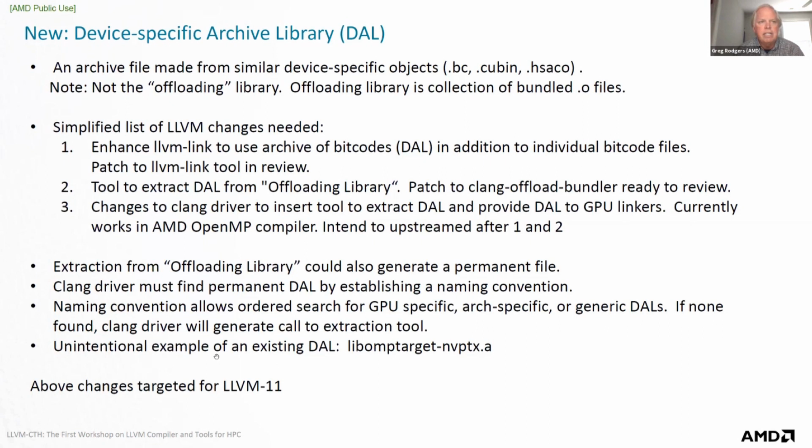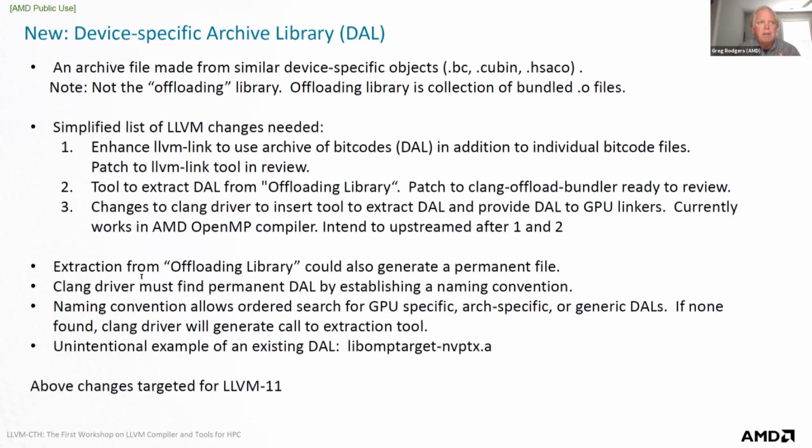An unintentional example of an existing DAL is the libomptarget-nvptx. And by the way, we basically took this as part of the convention. The convention is that this is an architecture-specific device library that contains, in this case, code for the ISA linker, which would in this case be CUBIN. So the point is that an offloading library could actually be a single file, and it also could be a collection of device-specific archive files.